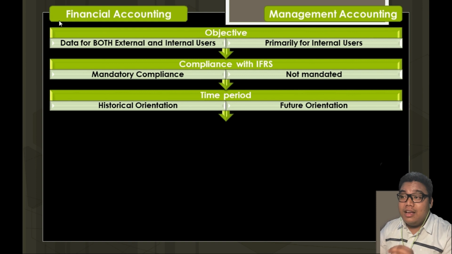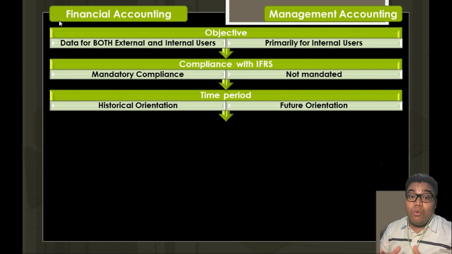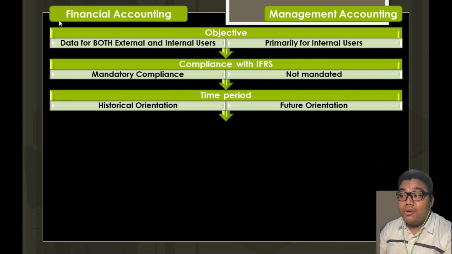So financial accounting has a strong historical orientation because the focus is compliance, while in management accounting information, the focus is on the future, because our goal here is to provide information for decisions of the organization.